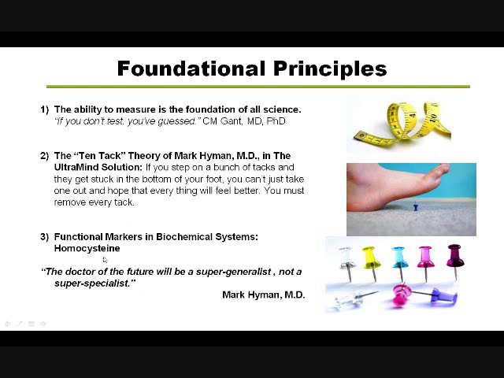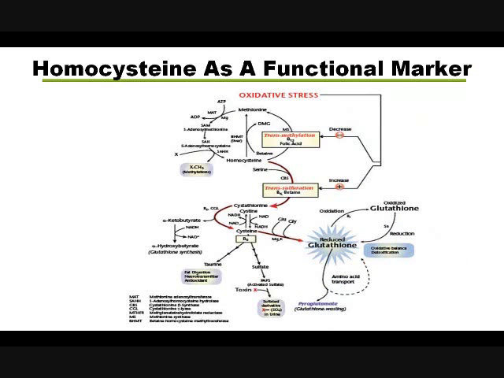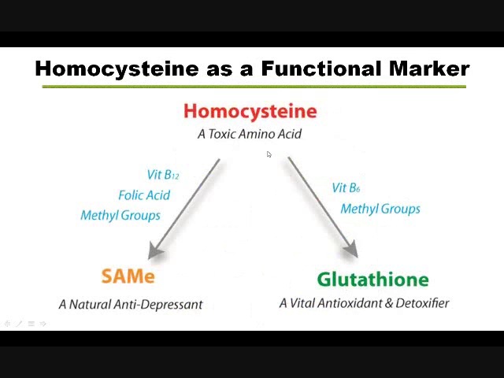And the other foundational principle of functional medicine is we use functional markers. So for example, I'll show you on the next slide, this is homocysteine, and I've simplified the slide. It's a very complicated set of reactions, what we call methylation, we're going to learn about that, and sulfuration. But this is the more simplified version that we're going to talk about. Homocysteine is an intermediate compound.